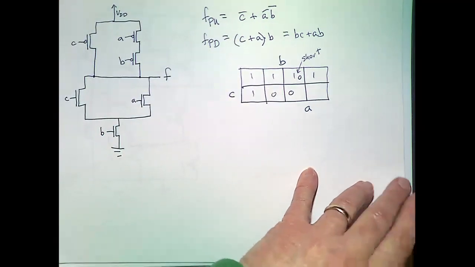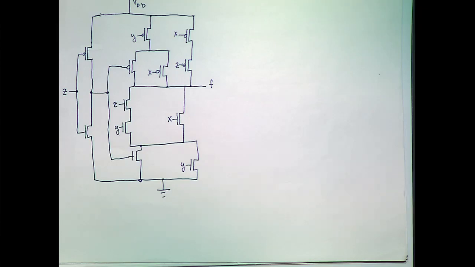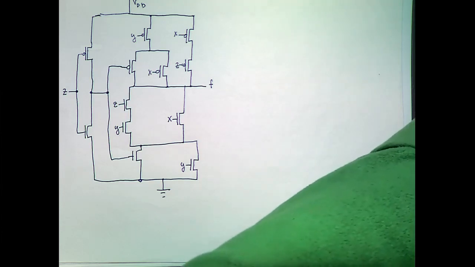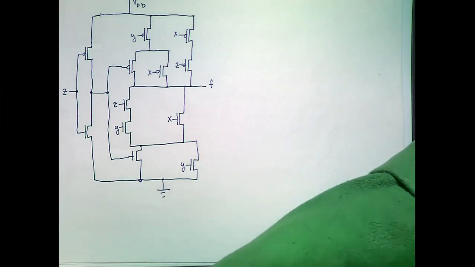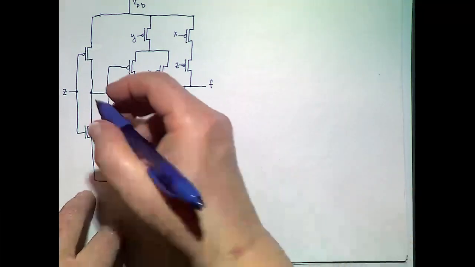Okay, I have one more. Okay, so this one's a little bit more complicated. Oh boy. X, Y, Z. It still only has 3 variables. That's just a not gate from the Z. Is it? Yes, you showed us last lecture when I asked. All right.